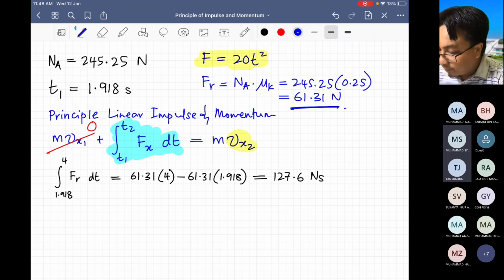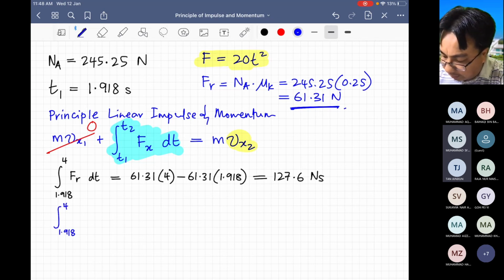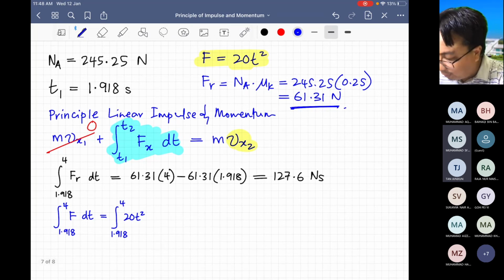Okey, yang kedua ialah integration juga 1.918 ke 4 F dt, sama dengan integration of 1.918 ke 4 20t square dt, sebab F sama dengan 20t square.